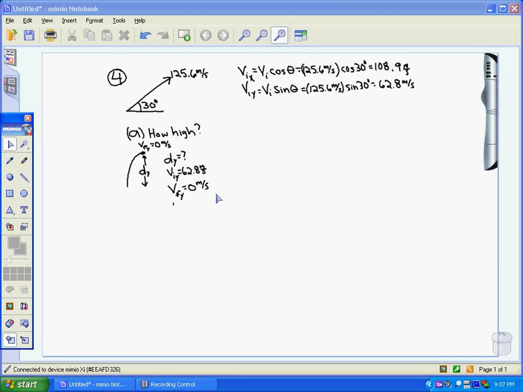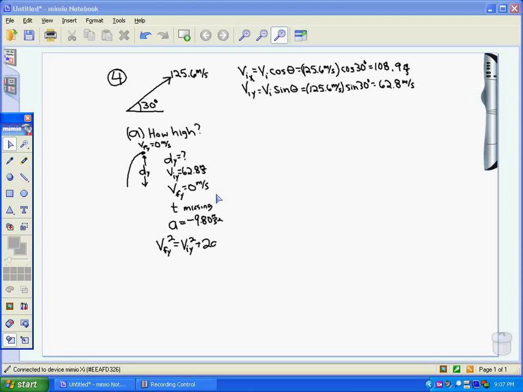And I also have my acceleration, which is equal to negative 9.80 meters per second squared. So in this case, my T is missing. Now the formula to use when T is missing is going to be VFY squared equals VIY squared plus 2 times A times dy.